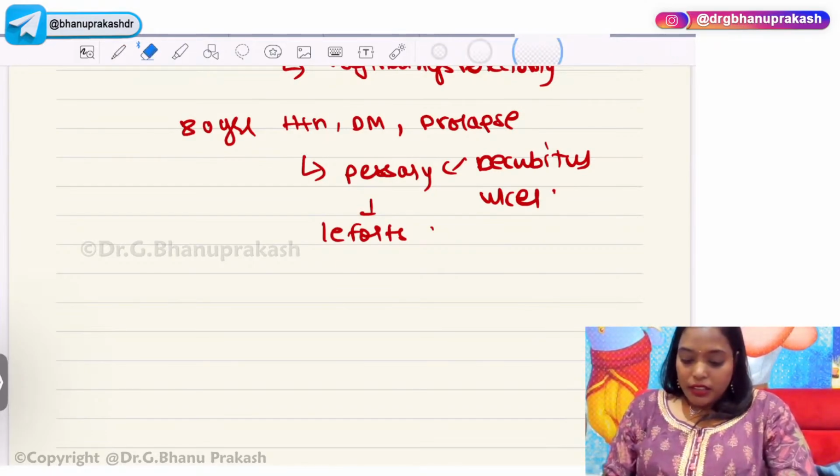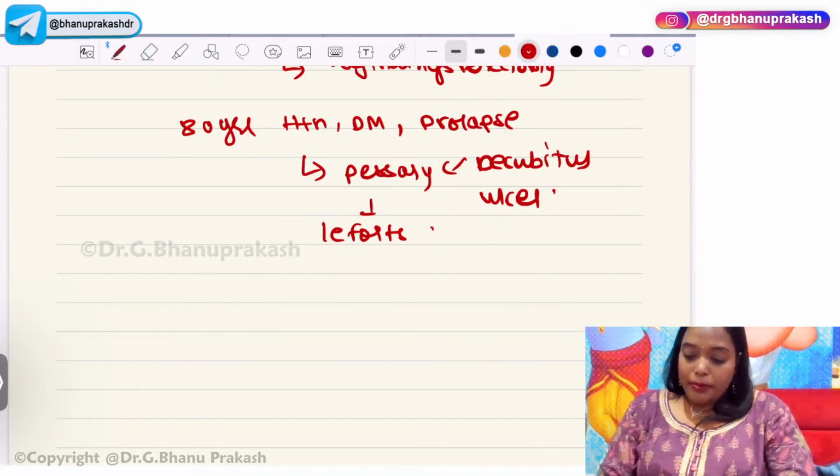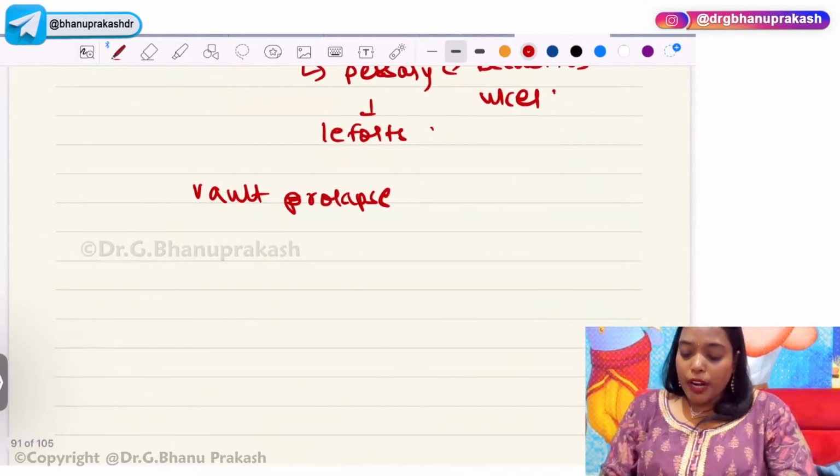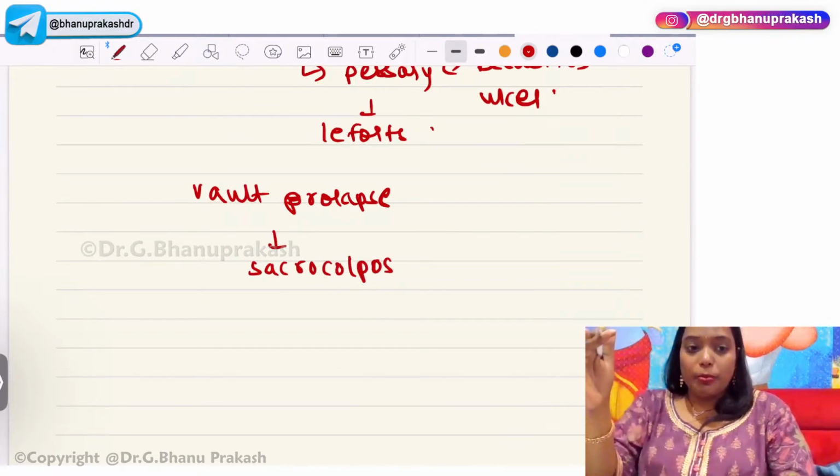Next, if you have vault prolapse, after you remove the uterus, if only vagina is left behind, that is called vault. If you have vault prolapse, what will you do? For vault prolapse, we'll do sacrocolpopexy. That is the best. That is, you fix the vault to the sacral promontory.